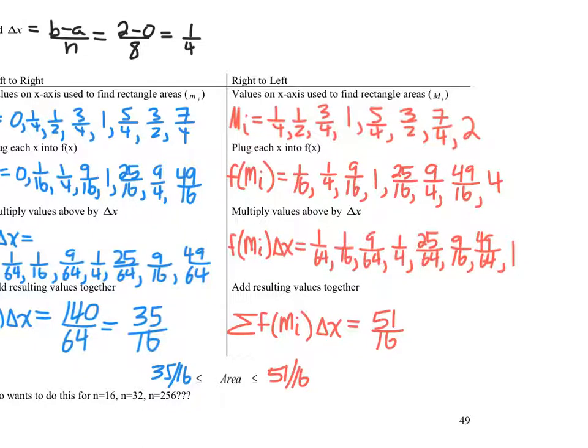But if you were to put in something like 256, 512, something really large for n, you're going to have an infinitesimal difference between your LRAM, your left rectangular approximation method, the M part, and your RRAM. So that's the general idea.